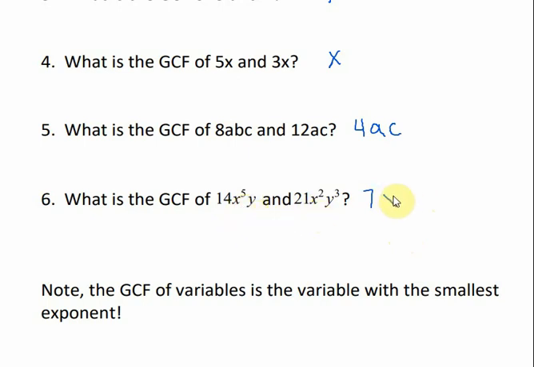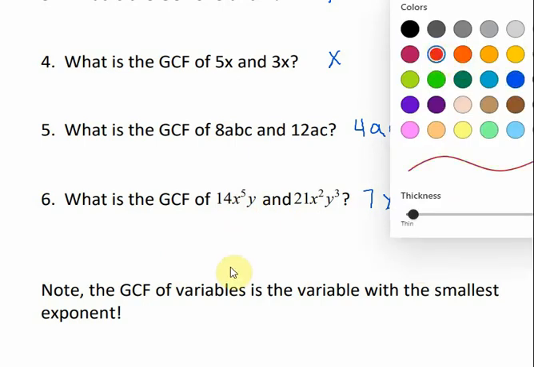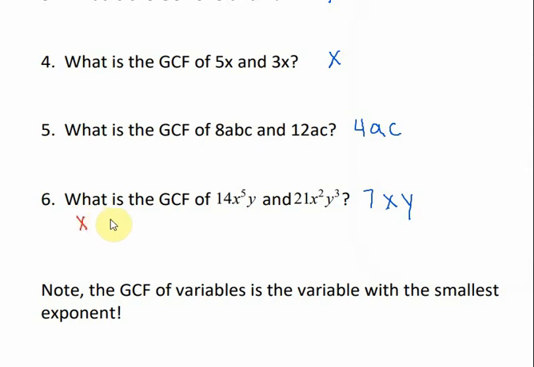So we're going to include those, but we need to know how many they have in common. So if I write this out, let's look at it this way. In this first term, we have 1, 2, 3, 4, 5 x's, and in this one we only have 2.